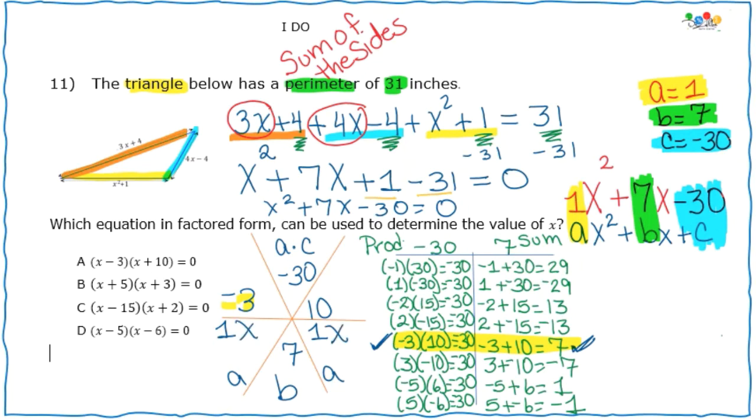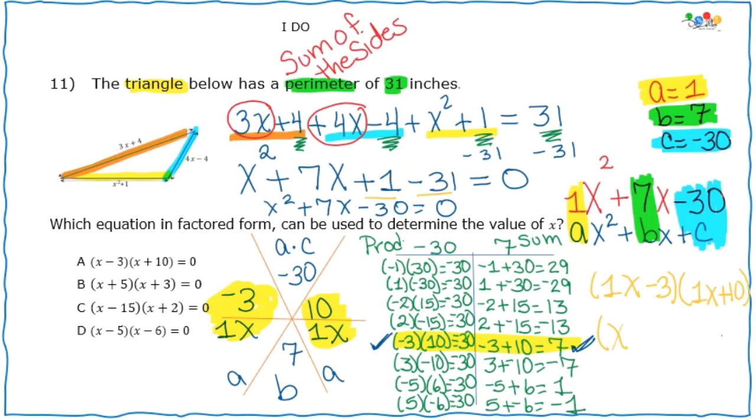And now I know that these are my factors, right? Kind of cover the other one, right? So let's write down my factors. So my factors are going to be 1x minus 3 and 1x plus 10.